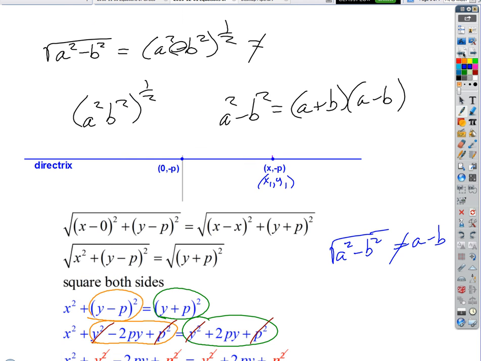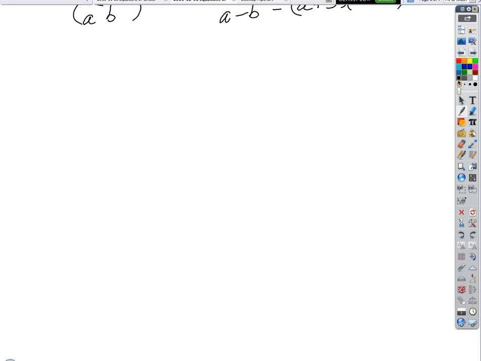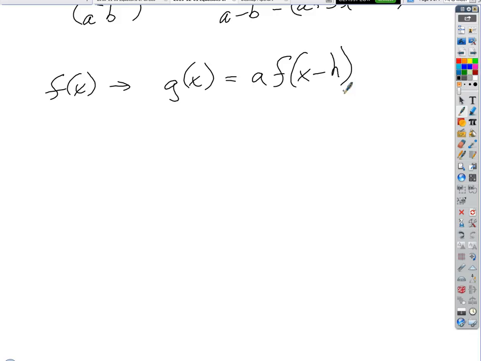If we have a parent function that looks like f of x, then we can transform that in a bunch of ways. We could say that g of x is equal to, if I want to stretch it vertically, what did I do? I multiplied by a, right? And then what if I wanted to slide it horizontally, what did I do? x minus h. Okay, good.